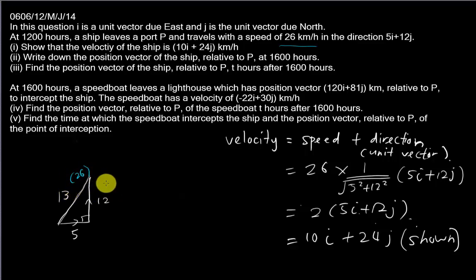If I want to write the velocity in vector form, in order to get 26, it is 13 multiplied by 2. So my 5 I will multiply by 2 also, and my 12 I will multiply by 2 also, which is 24. So I can easily get my velocity, which is 10i plus 24j.